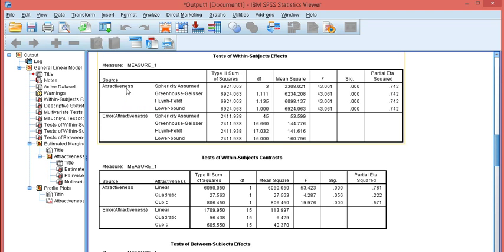So that's a rather huge variance being accounted for by attractiveness.